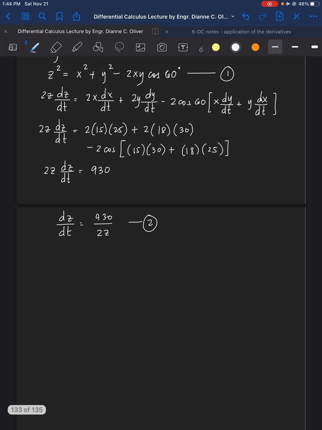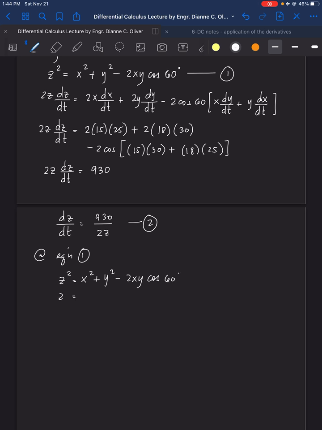Now, at equation number 1, we have z squared equals x squared plus y squared minus 2xy cosine 60.